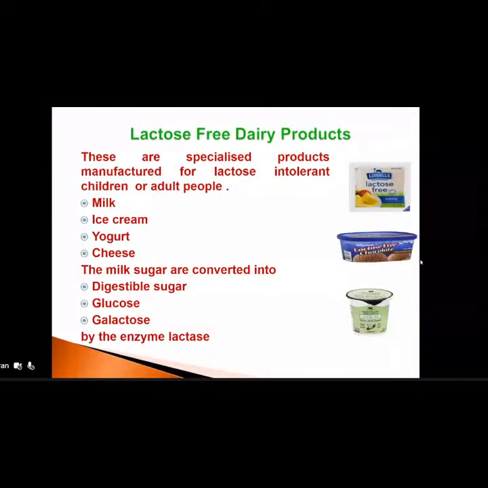Okay, and coming to the dairy industry, it is used in many other food items like milk, ice cream, yogurt, and cheese. What is the purpose of using these enzymes in the dairy industry? That is to convert sugar into a digestible form of sugar, that is disaccharide into monosaccharide, and to form simple sugars like glucose and galactose.